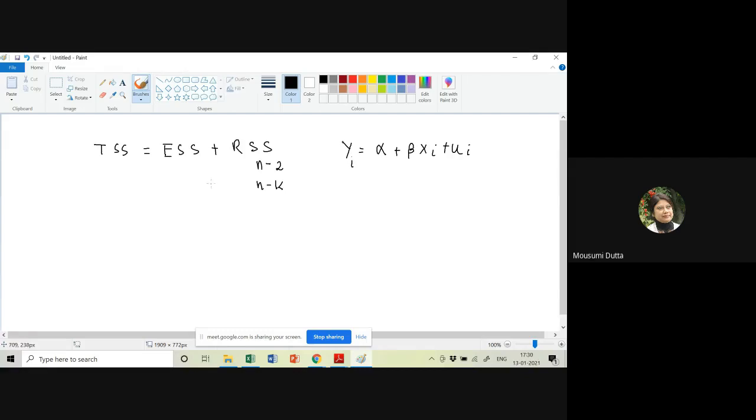And what is the degrees of freedom for TSS? It will be the summation of the degrees of freedom of these two: degrees of freedom of ESS plus degrees of freedom of RSS will give you the degrees of freedom for TSS.